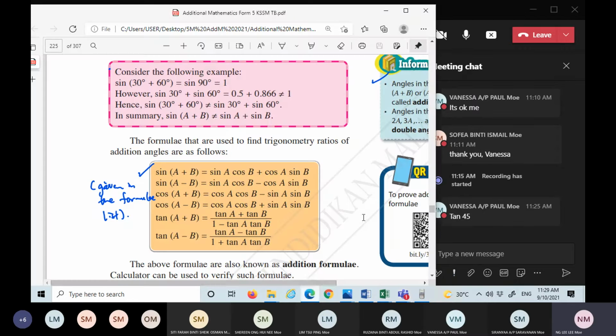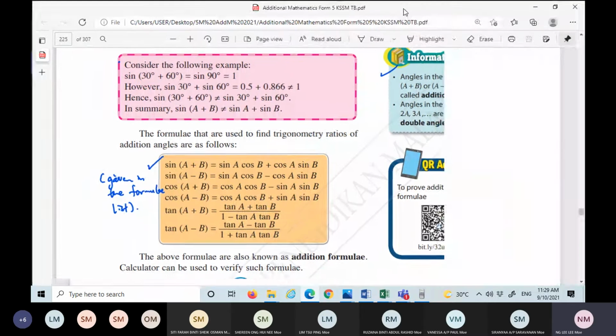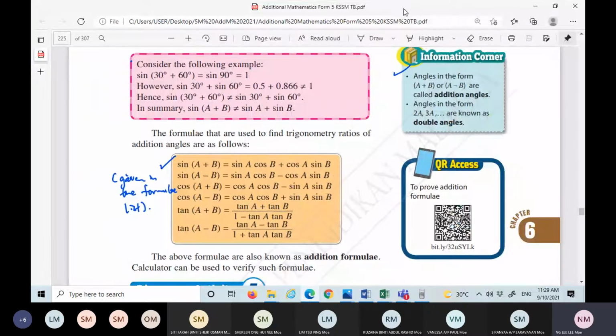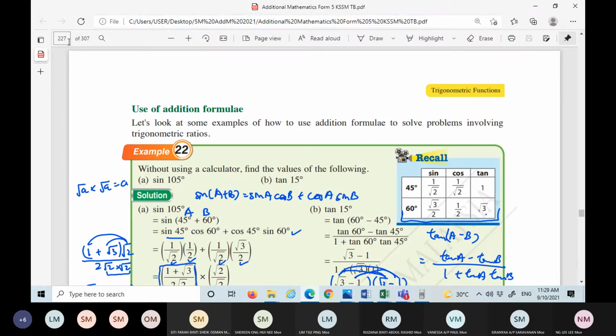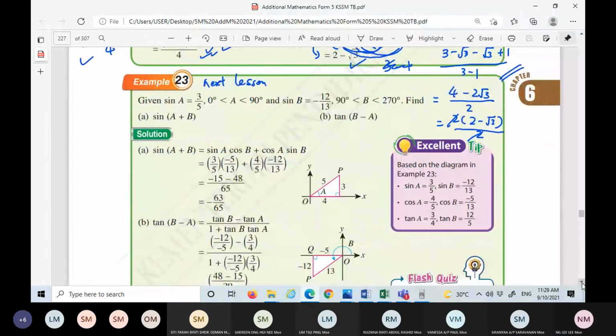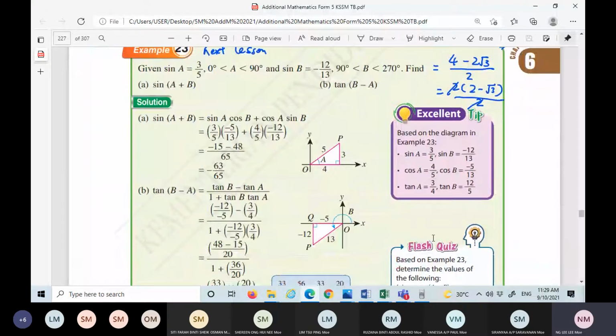Go back to the textbook. Where do we stop? I remember one more example. So look at example 23, page 217. These questions.